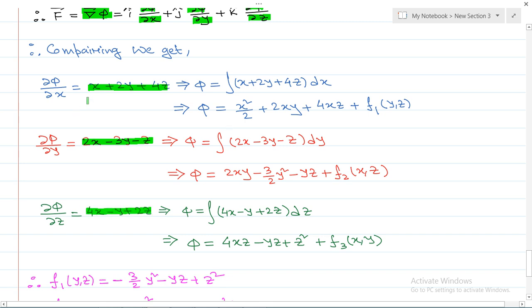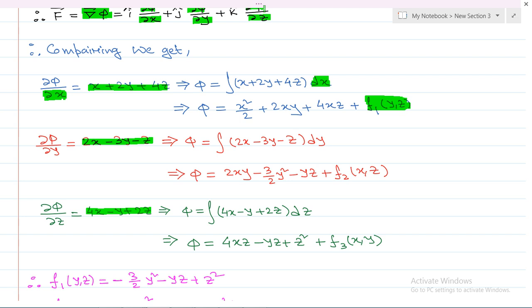Similarly, we have to integrate the first one partially with respect to x, because it was differentiated partially with respect to x. So we get x square by 2 plus 2xy plus 4xz plus a function of yz. Similarly for the second one we integrate partially with respect to y.